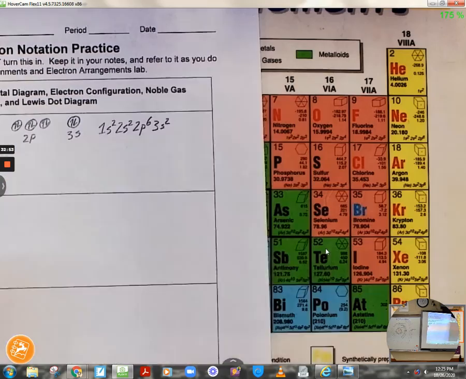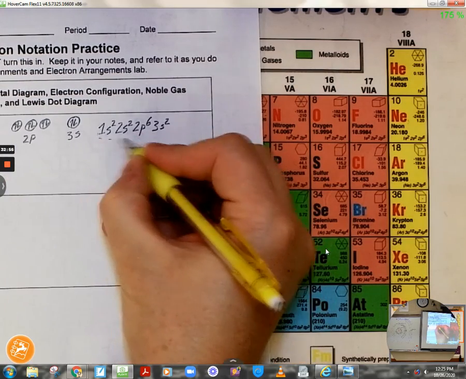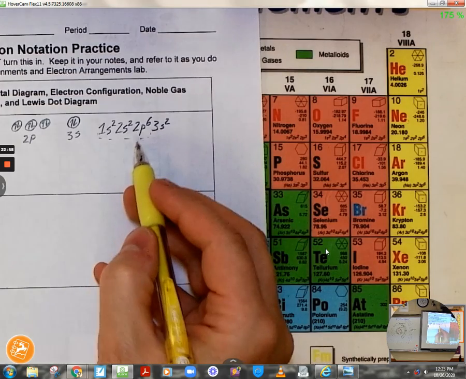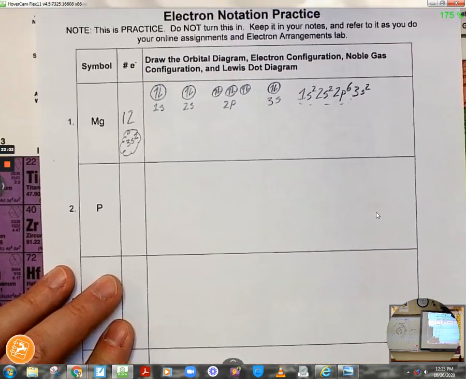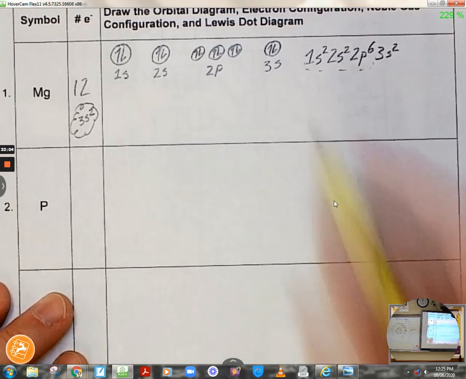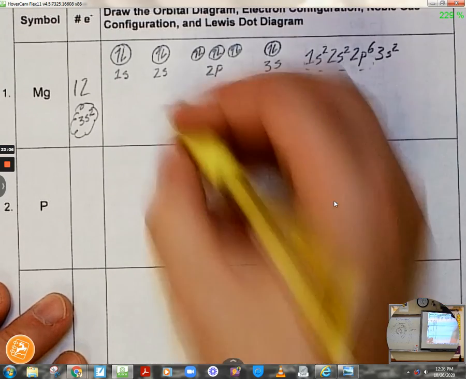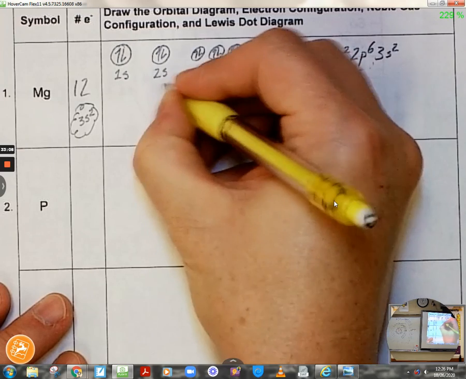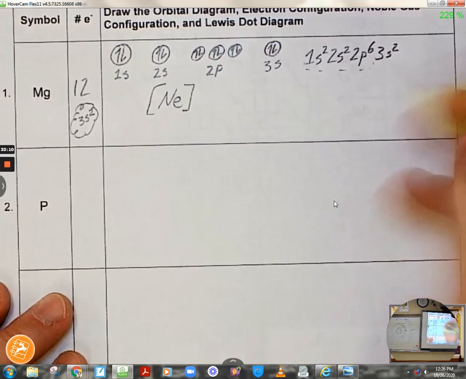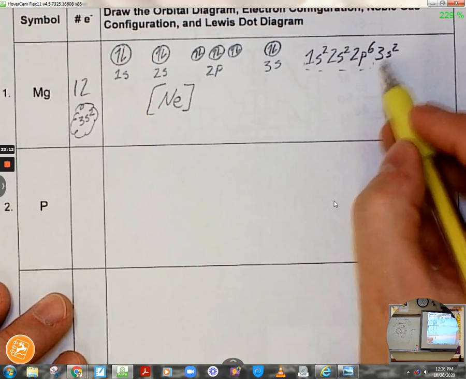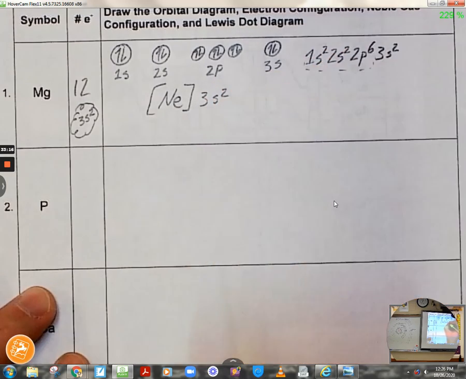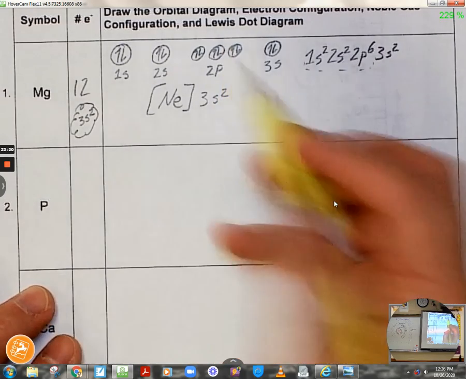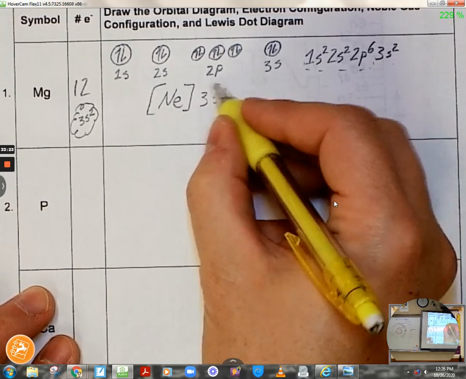So everything up through 2p6 is going to be replaced by neon. So I'm going to bring this down here. I'm going to replace all of that with the element neon in brackets. And everything outside of 2p6, I'm going to go ahead and write. So I'm going to write neon 3s2.